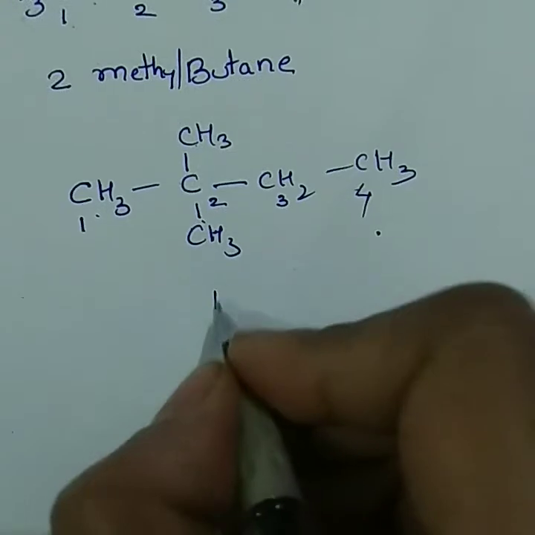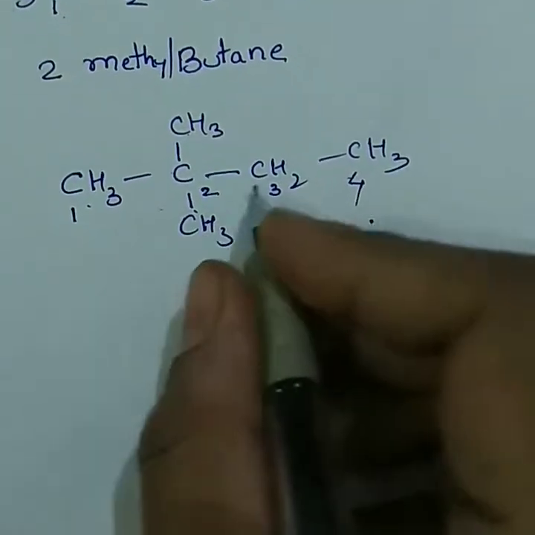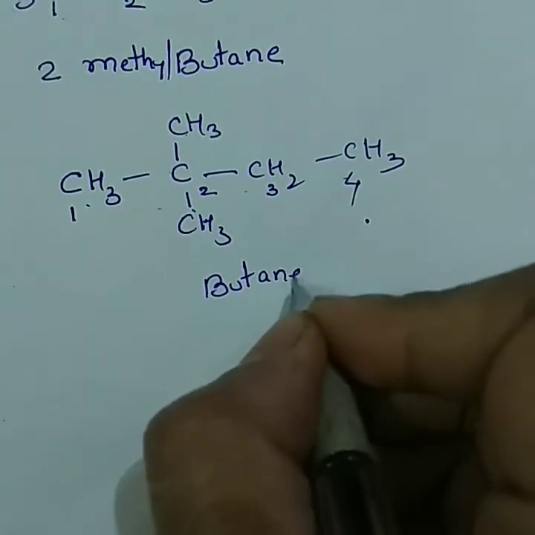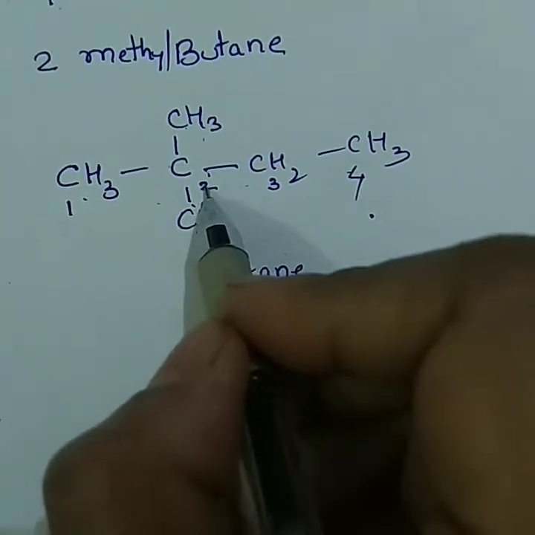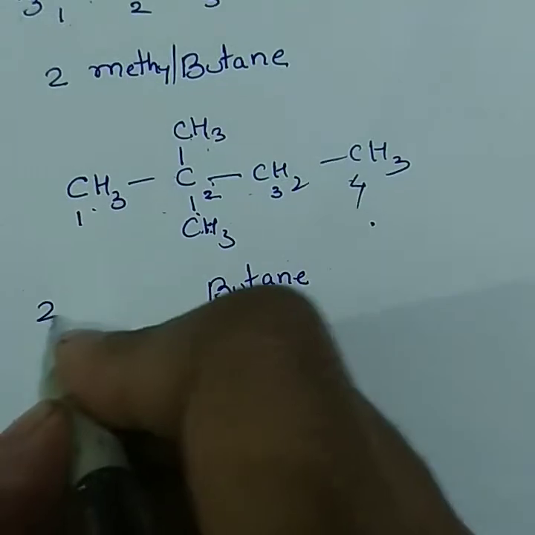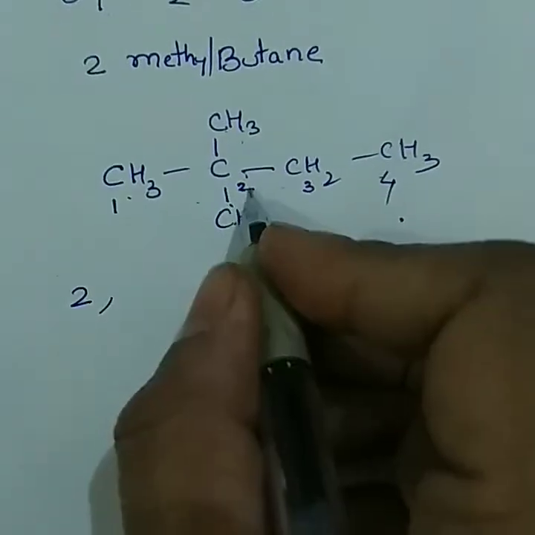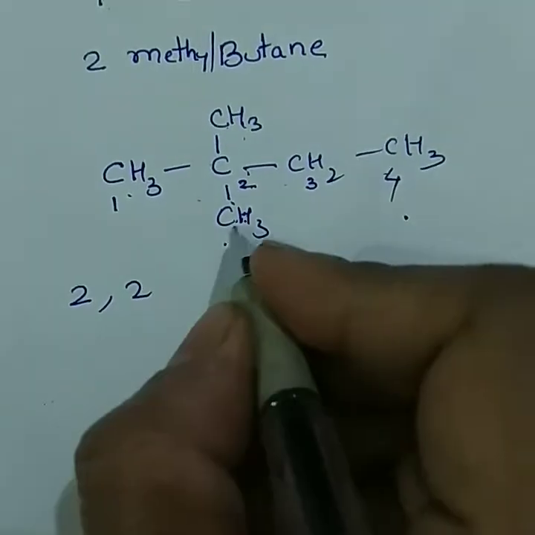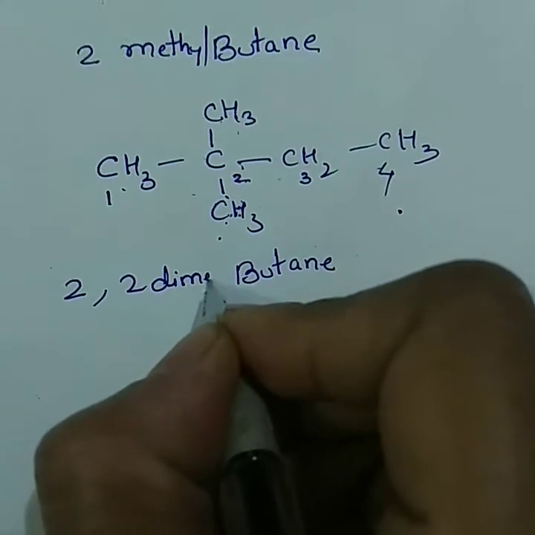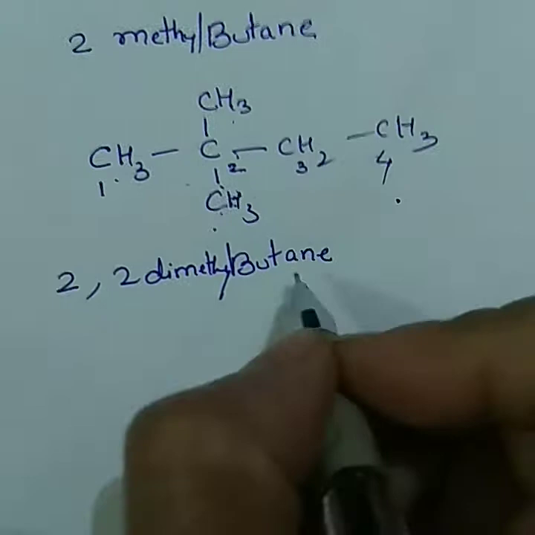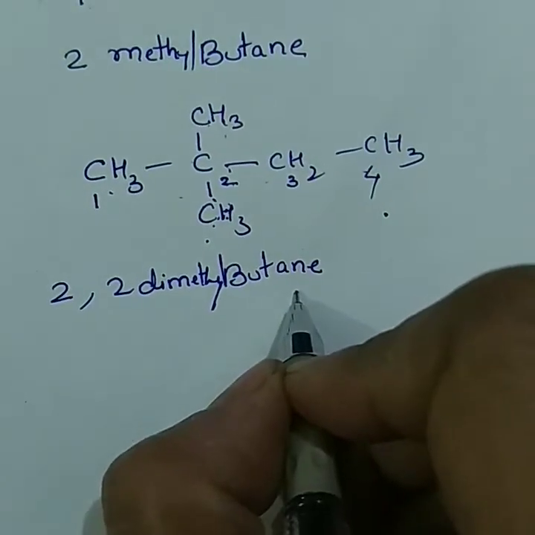Four carbons means but-, single bond -ane. The second carbon contains 2 methyl groups, so you write 2 for this carbon and 2 for this carbon. So what is present? Methyl group, so dimethyl. Dimethylbutane.